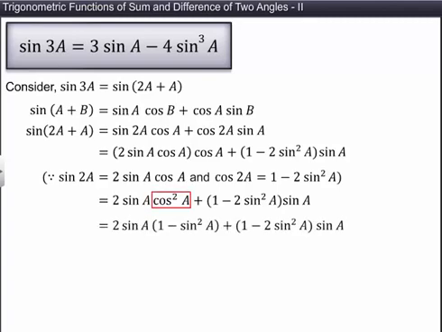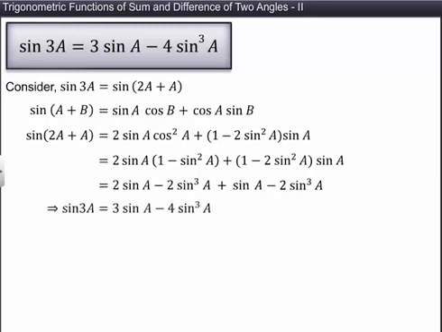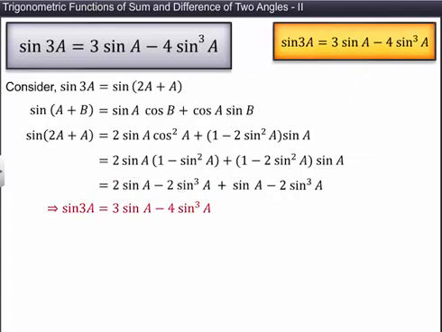Substituting cos square a is equal to 1 minus sin square a, we get 2 sin a minus 2 sin cube a plus sin a minus 2 sin cube a. On simplifying, we get sin 3a is equal to 3 sin a minus 4 sin cube a.